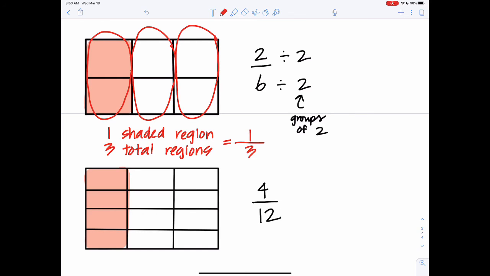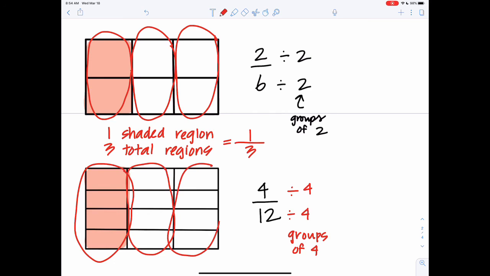Now I'm going to check the equivalence of 4/12. I'm going to take my top and my bottom and divide them by 4. I'm doing this because I know 4 divided by 4 is going to give me 1. So I need to find equal groups of 4. My first equal group, second, and third.